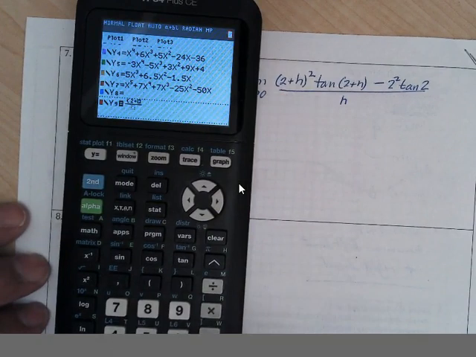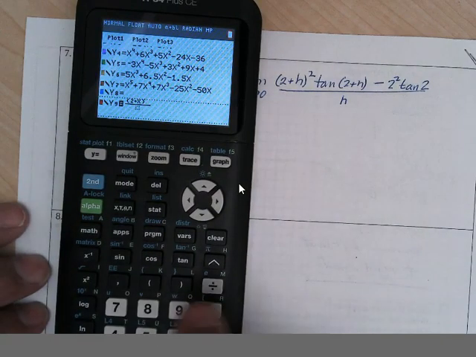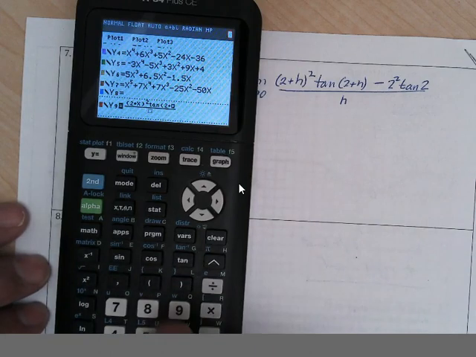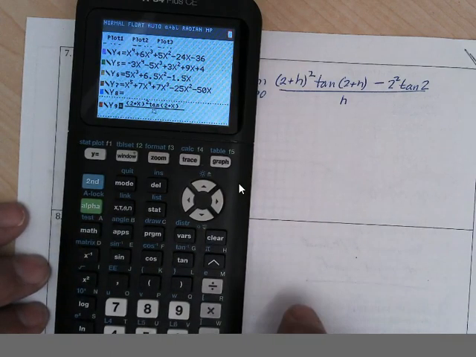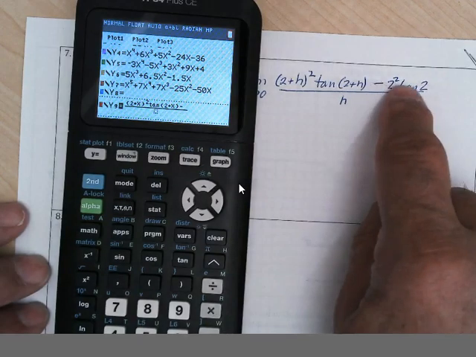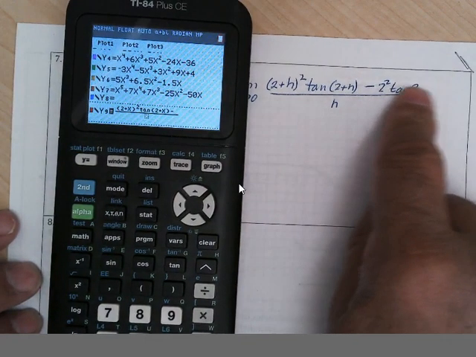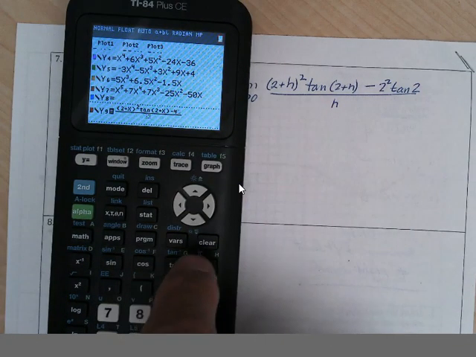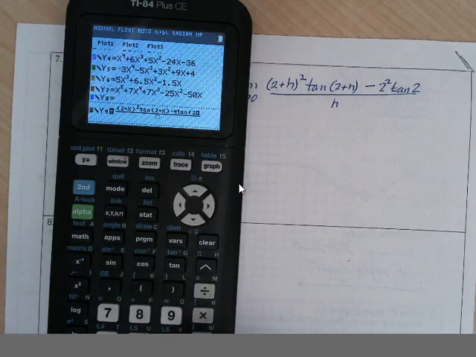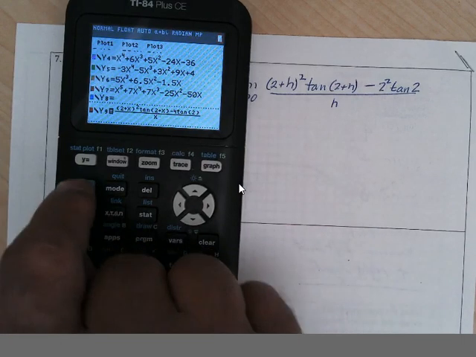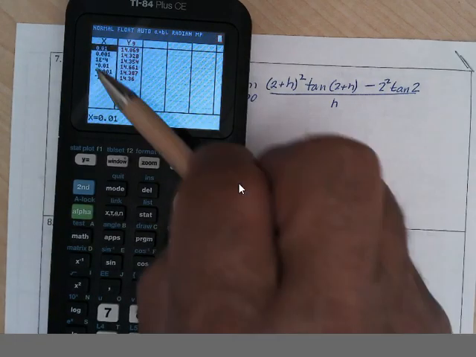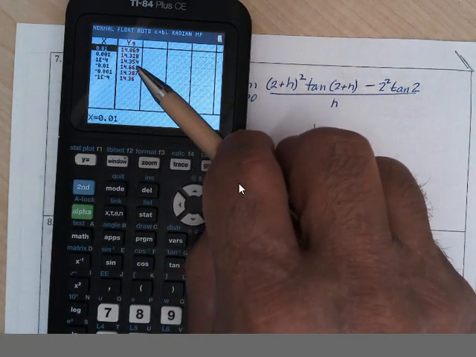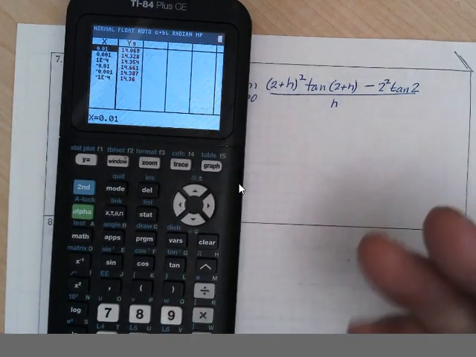Parenthesis 2 plus x, close parenthesis, squared, tangent of 2 plus x, close parenthesis, minus, and I could put parentheses on the second part, but there's no addition, so it's not going to distribute, so I don't need it. 2 squared I know is 4, tangent 2, close parenthesis, and x. Then second table, pick numbers close to 0, which I just did a little bit ago, and I get about 14.36.